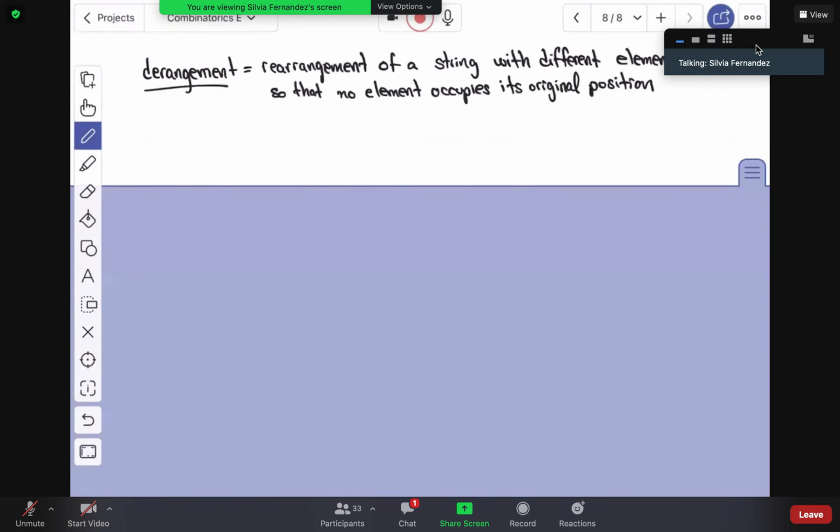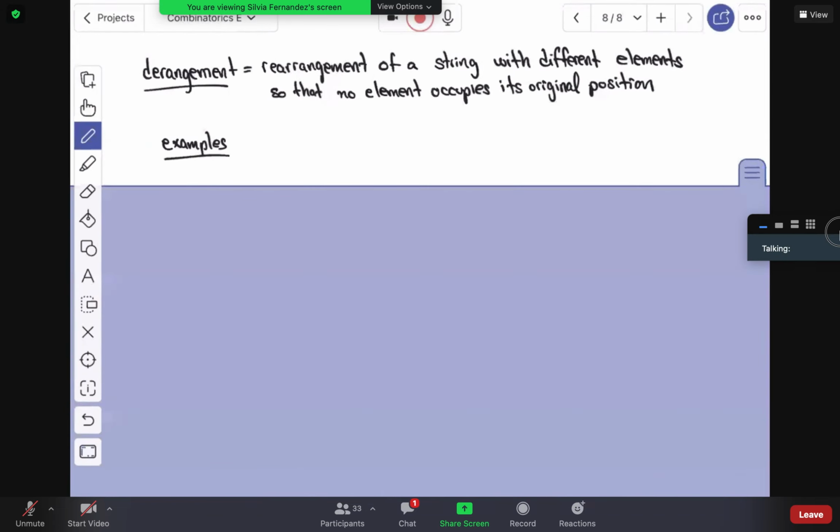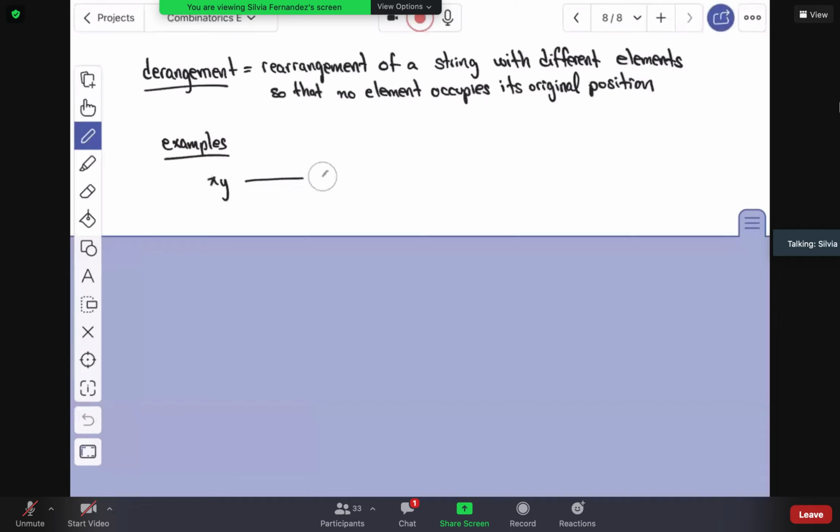Okay, so for example, if I give you the string xy, and then I look at all the permutations of the letters, all its rearrangements, you have xy and yx, right? Those are all the permutations.